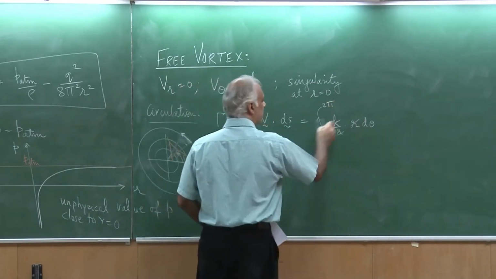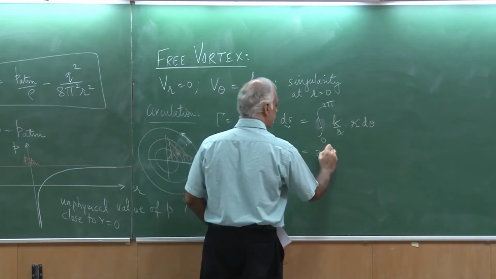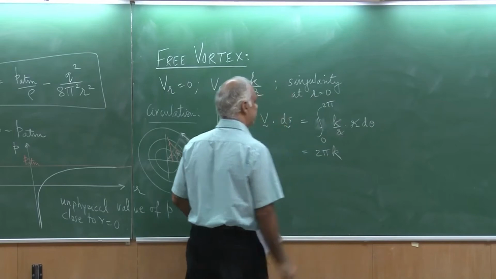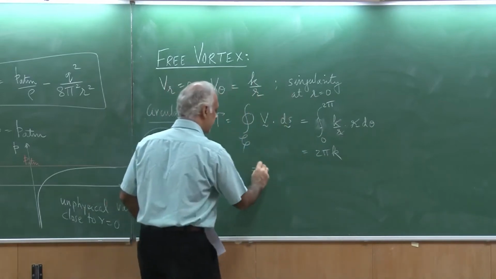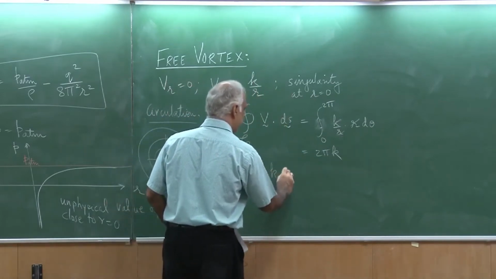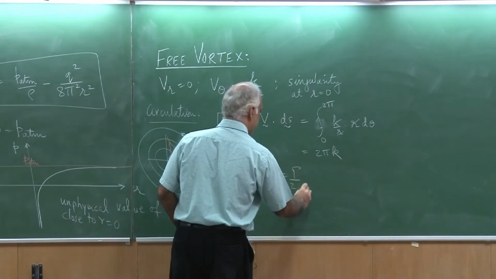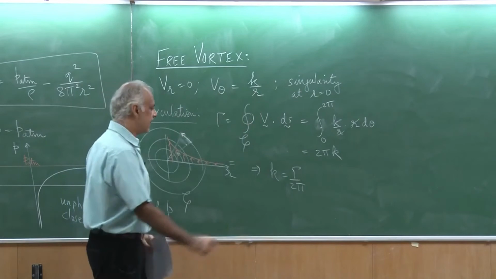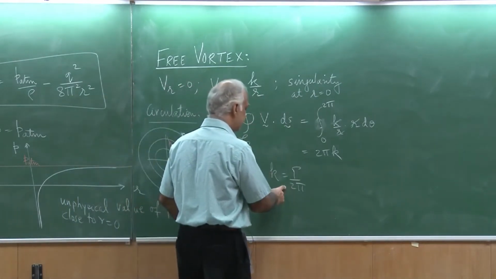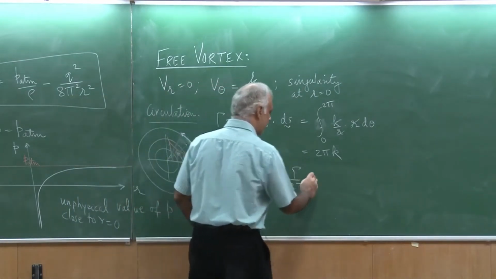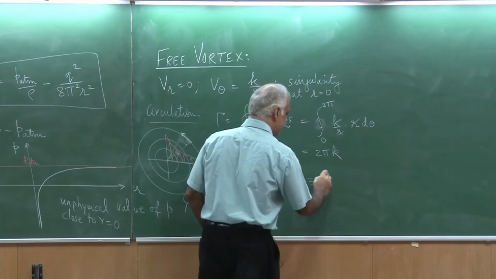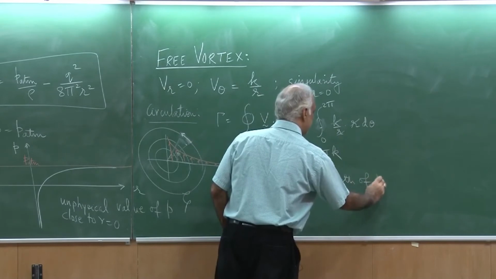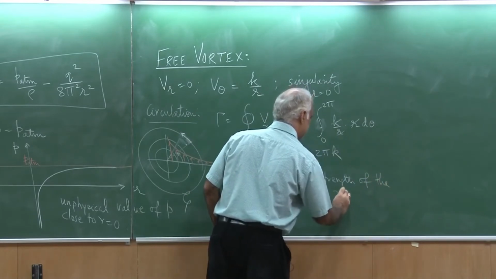If you carry out this integration, this would be 2 pi k. And therefore, I can say that my k is gamma by 2 pi. So if gamma is the circulation, then my constant k is just circulation divided by 2 pi, and we usually say this is the strength of the vortex.